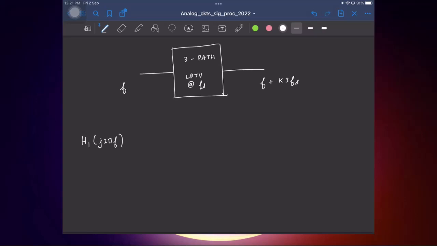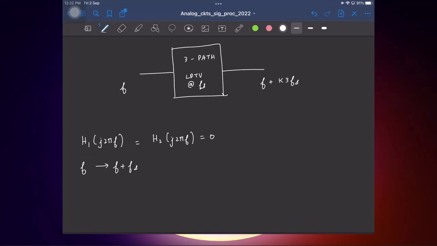0, right? Because what frequency translation does this govern? Input is at f, output is at f plus fs. Okay. And similarly, even h2 of j2 pi f will also be 0.